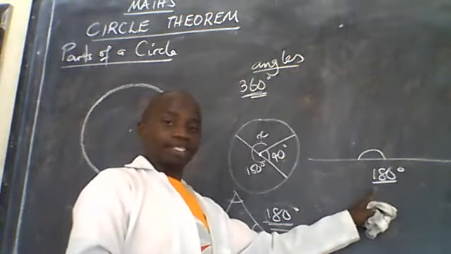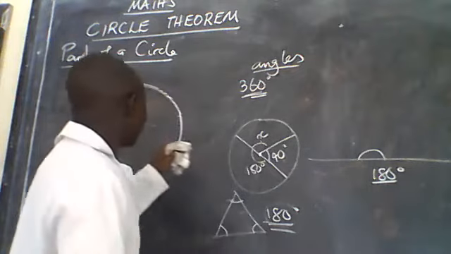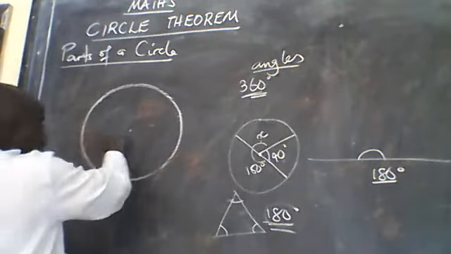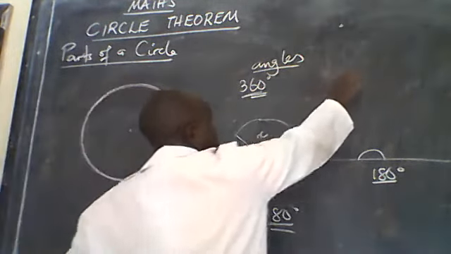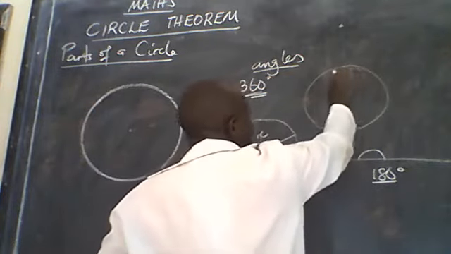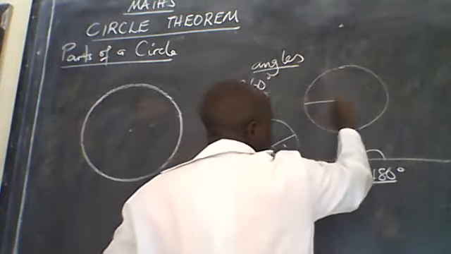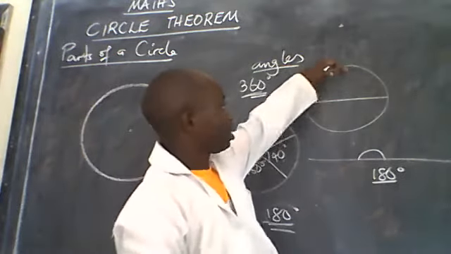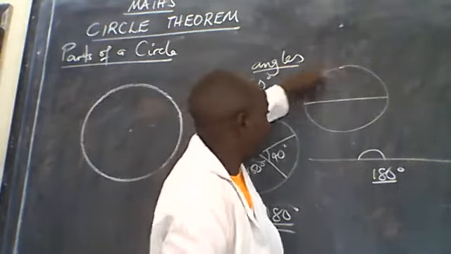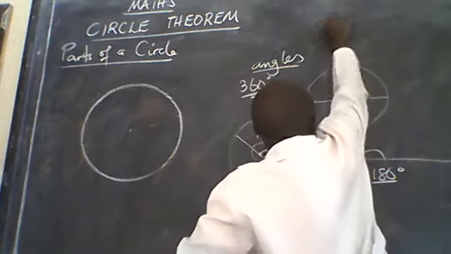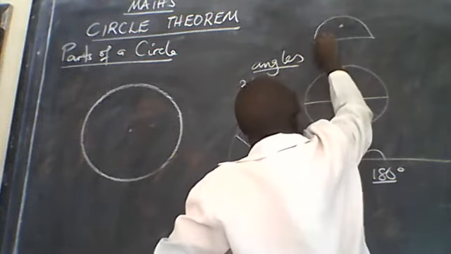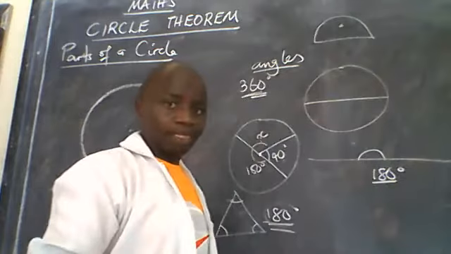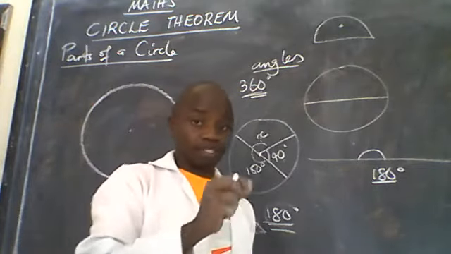With this in mind, we are saying, if we divide a given circle into 2 equal parts, this is a semicircle, so we will just have this part. That's a semicircle, okay? Like the way we have the protractor.